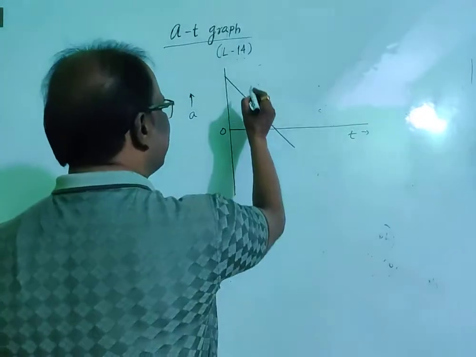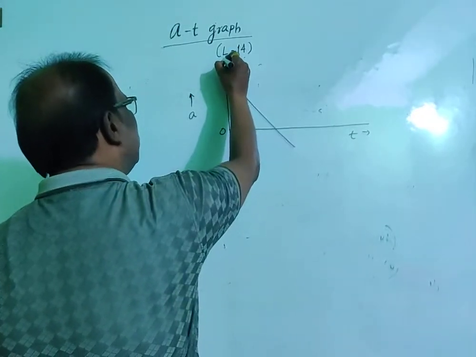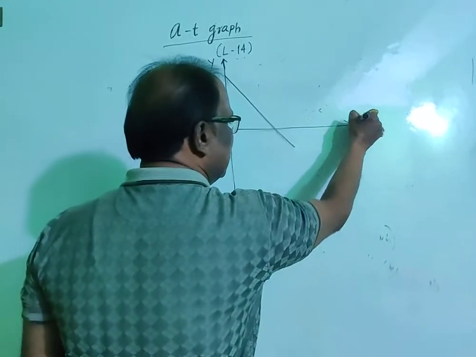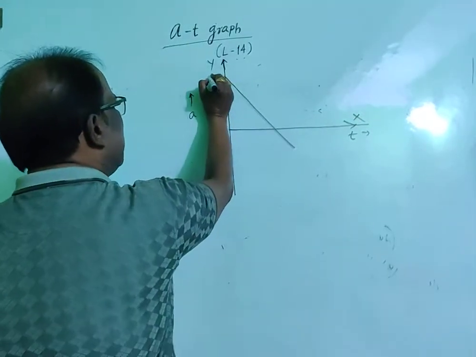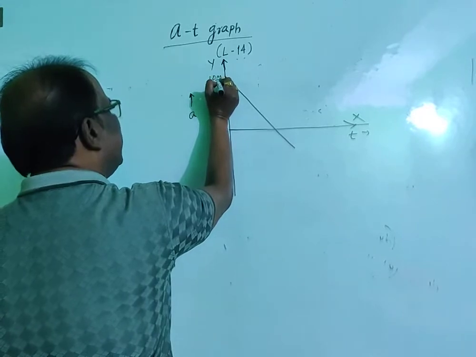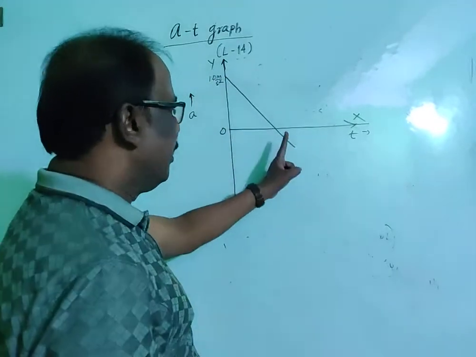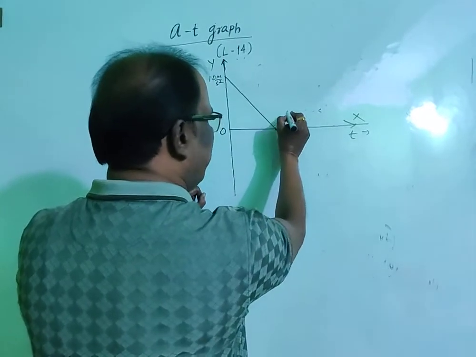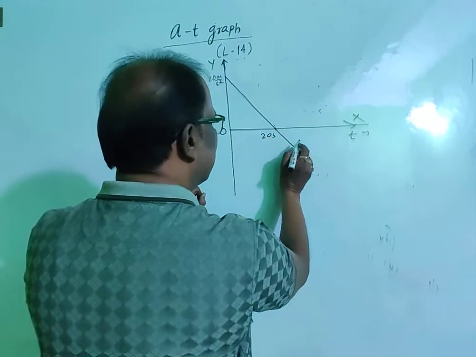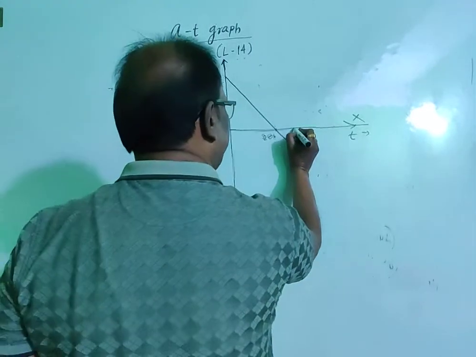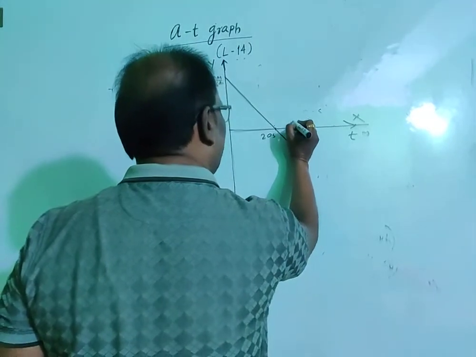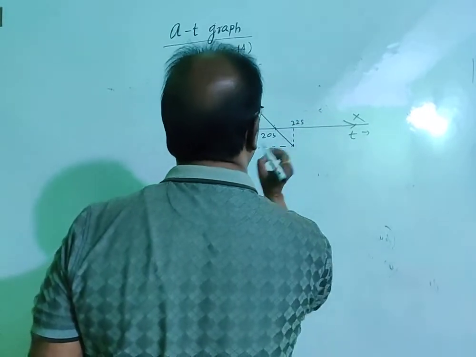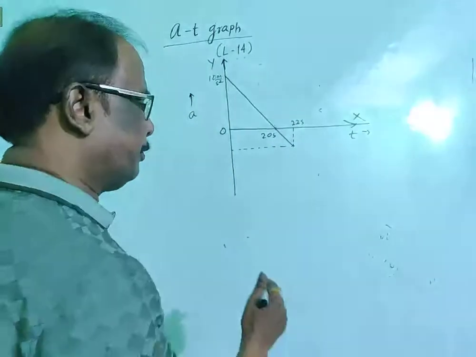Acceleration is represented along the y-axis, time is represented along the x-axis. Suppose here acceleration is 10 meter per second square. This is time. Let here time be 20 second, and here time is 22 second. And what is asked?